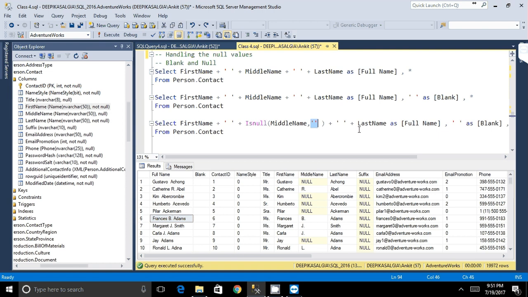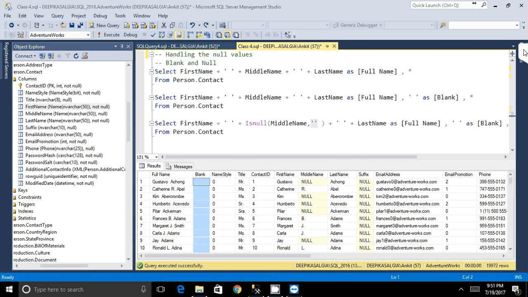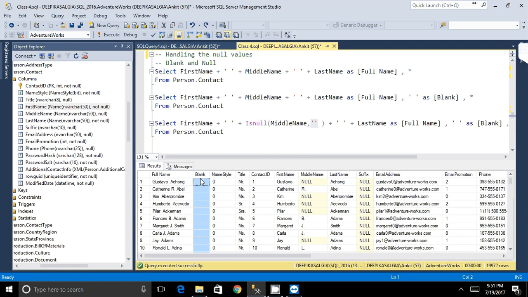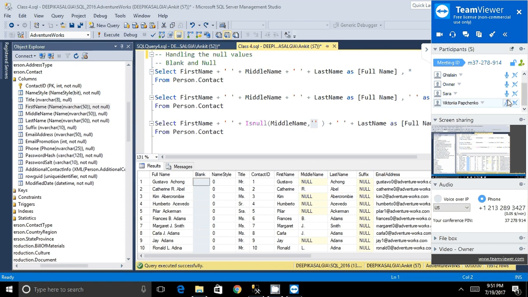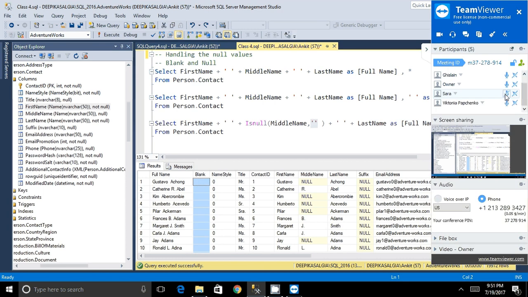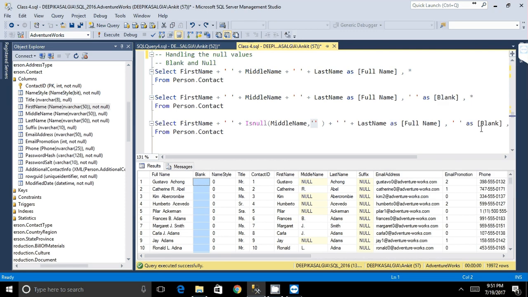Now let's see what is blank. What I did is I added one more column in between the columns I have in the table, after the full name, which is called blank. So a new column is introduced in between the full name and the blank.